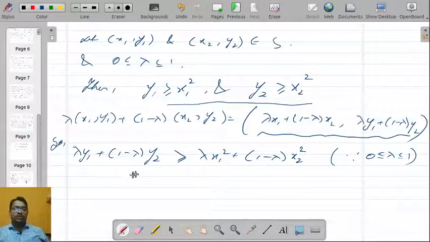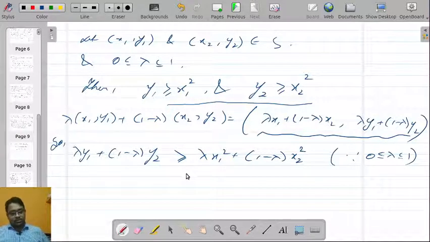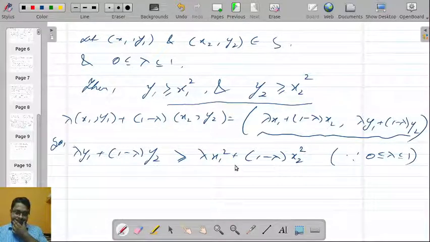So λy1 + (1 − λ)y2 is greater than or equal to this, but I have to show that it is actually greater than or equal to the whole square of λx1 + (1 − λ)x2. So I have to show that this is greater than or equal to the whole square of this, no?